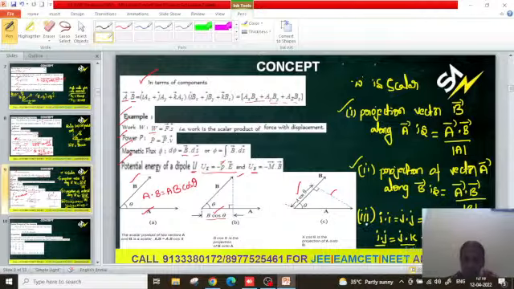So in case of unit vectors, for the vectors which are parallel to each other, their dot product is maximum. So i dot i is 1, similarly j dot j, k dot k. If we take i dot j, j dot k or k dot i, which are perpendicular to each other, their dot product will be 0.